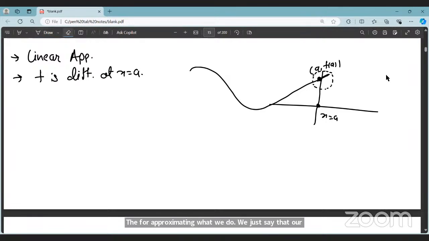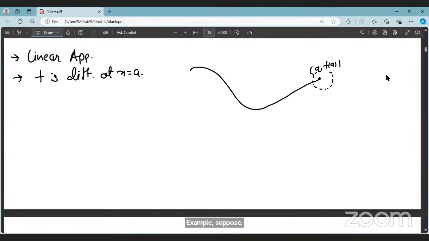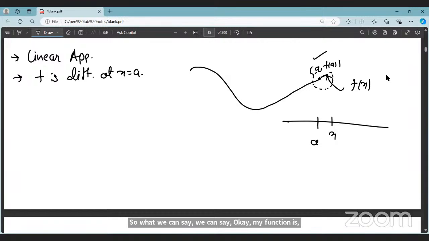For example, suppose this is your point a, and it is given that the function is differentiable at the point a, and they ask what will be the value of f of x, and this is your point x. So we can say my function is behaving like a straight line, very close to the point a.